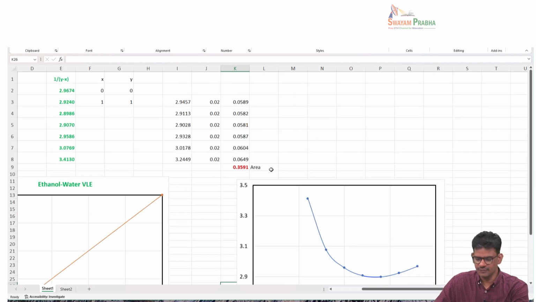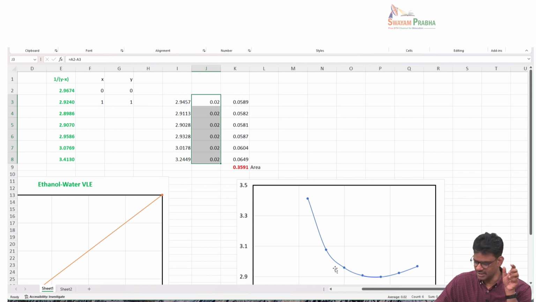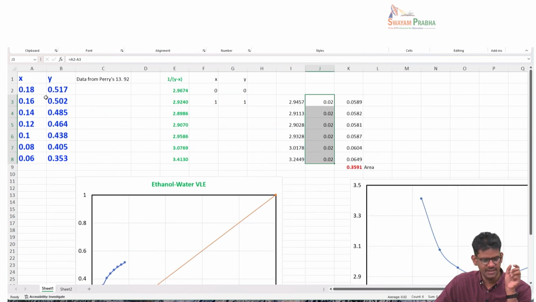Okay. So you can use any numerical method to do this, but the way I have done it is I have taken the difference between subsequent points here. That will give me the average height, and then I know the delta x. In this case, the delta x is equally spaced. You can see here x is equally spaced at an increment or decrement of 0.02, and then I multiply the average height of this curve times delta x, and then I sum over this area.